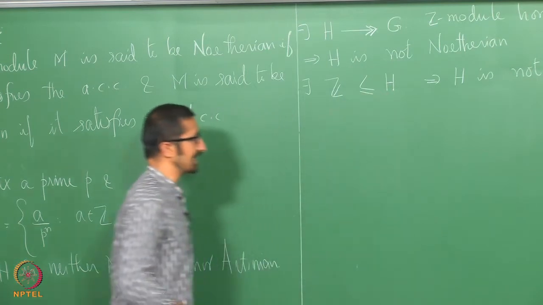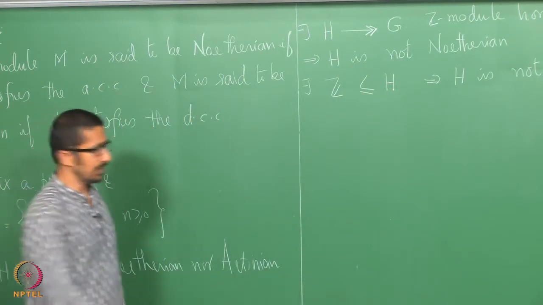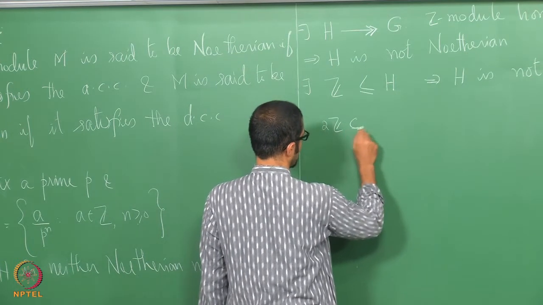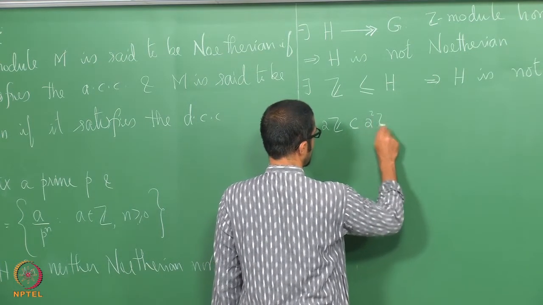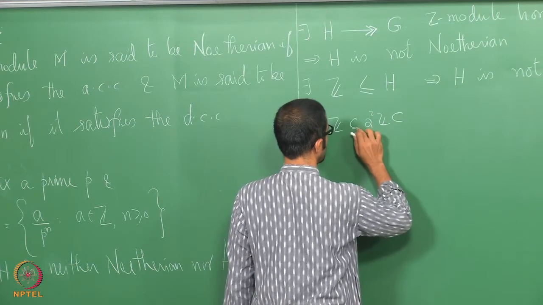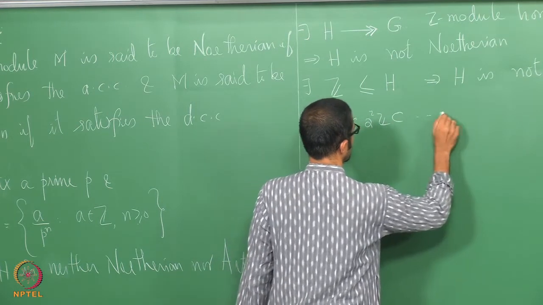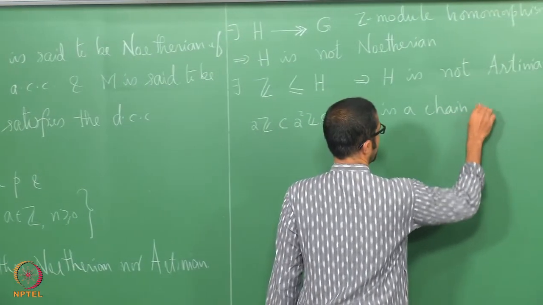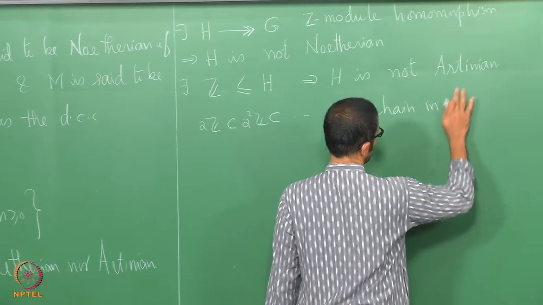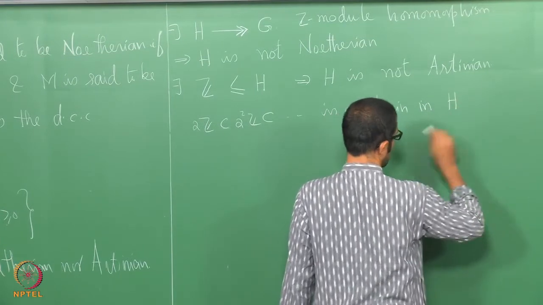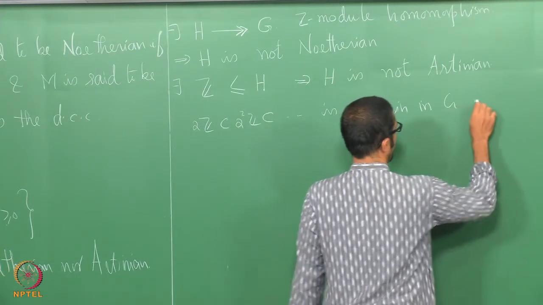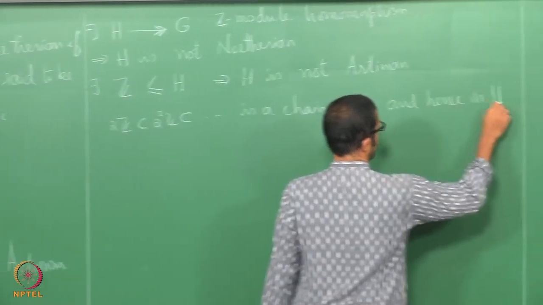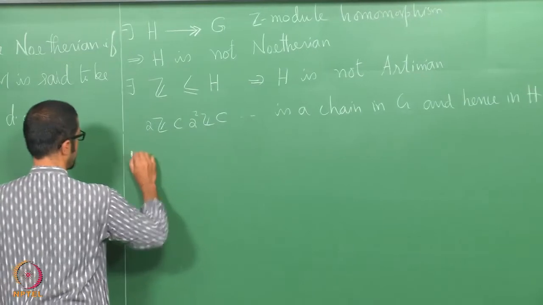Similarly, Z is contained in H. So, I can think of this, 2Z contained in 2 square Z contained in and so on, this is a chain in G and hence in H, which does not terminate.